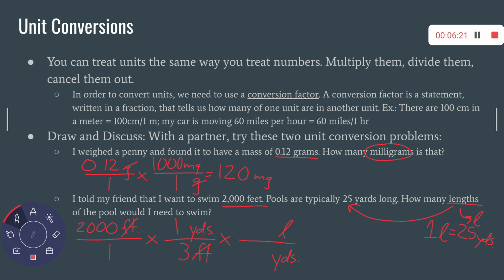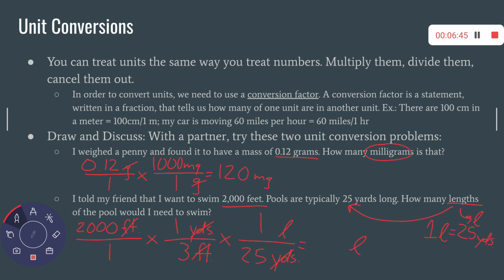What numbers should I fill in? We already know that one length of the pool is 25 yards. So that's my conversion factor. Those are the numbers that I fill in for that section. I can cancel out yards, and I'm left with units of lengths, which is good. That's what we want.